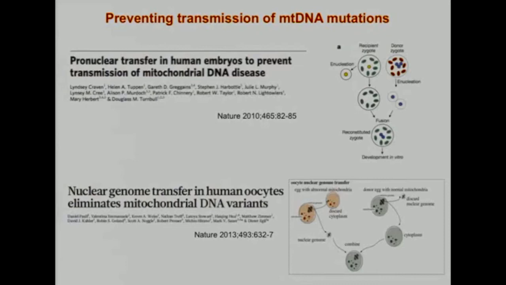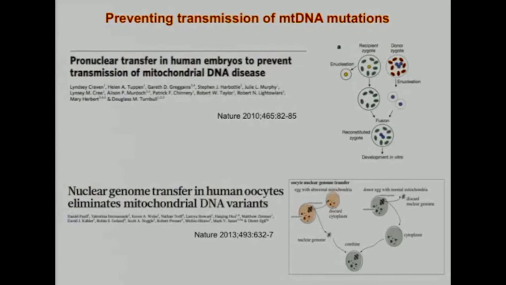So you take 2 oocytes. You have a woman with a mitochondrial DNA mutation who carries it in her oocytes, and a healthy mitochondrial donor who donates her eggs. You take the nucleus out of the oocyte with the mitochondrial DNA mutation, and you transfer that chromosomal spindle into the cytoplasm of a healthy oocyte. And you then do IVF, and you could theoretically create a child who has the nuclear DNA of both biological parents and mitochondrial DNA of a donor.